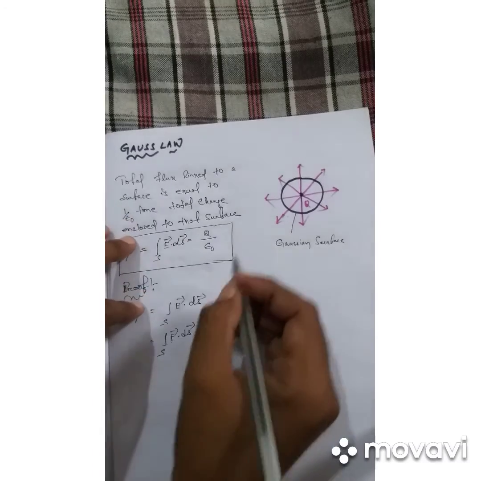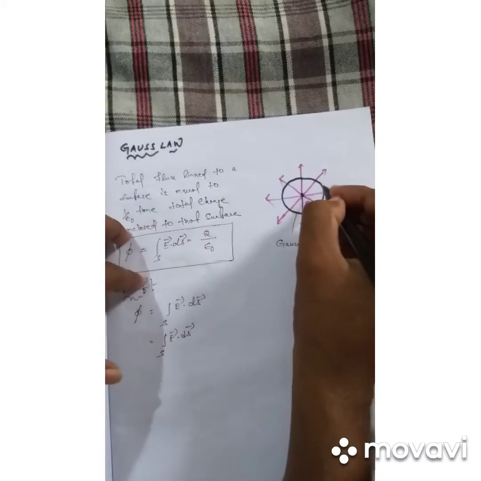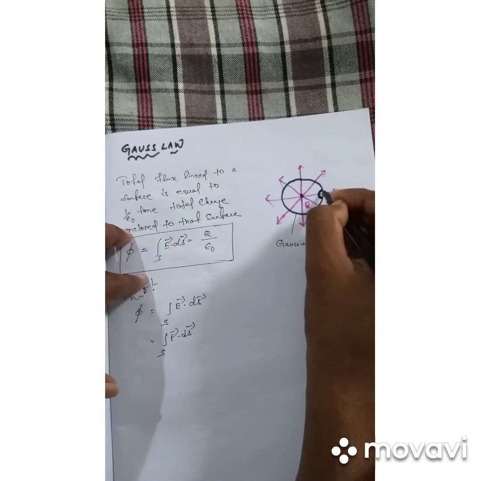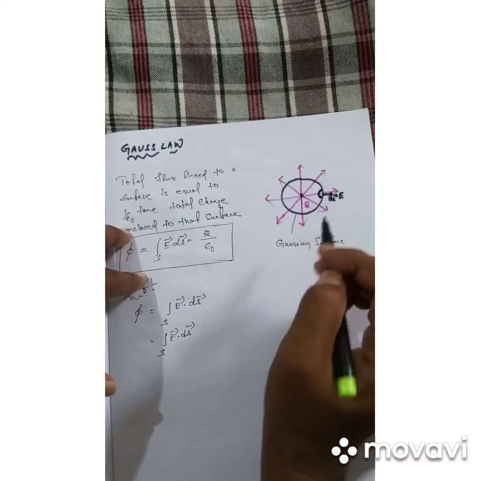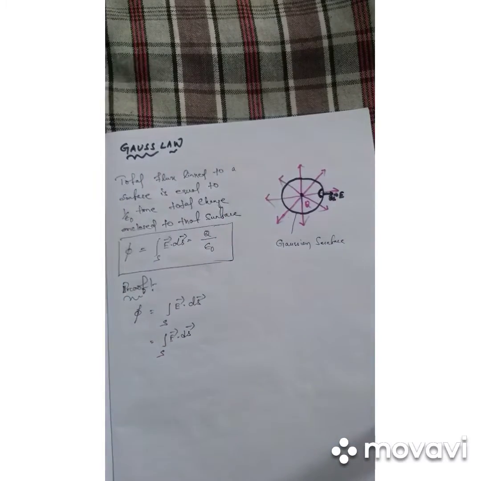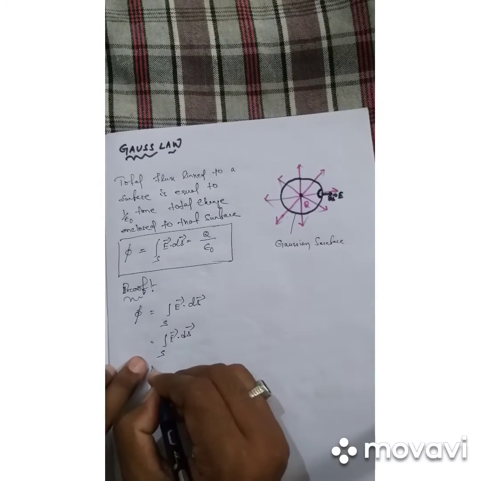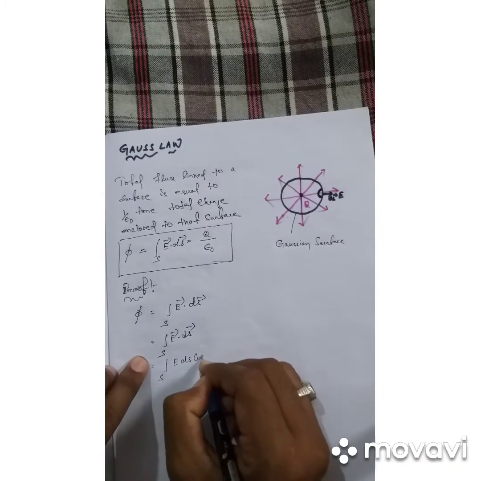If you assume a small region on that surface, the electric field intensity and the area vector of that region are in the same direction, so the angle between them is 0 degree. In magnitude form, it can be represented as the surface integral of E dS cos 0 degree.